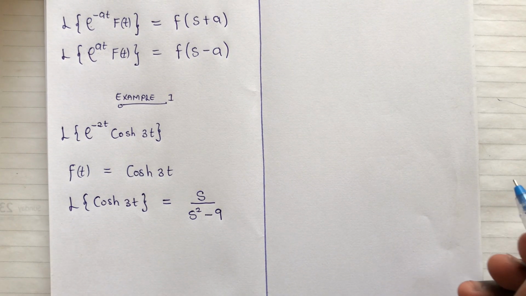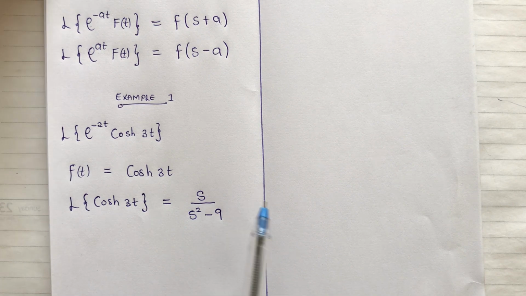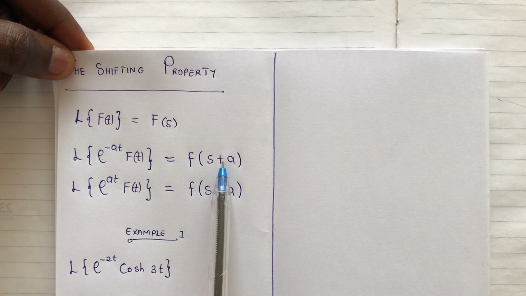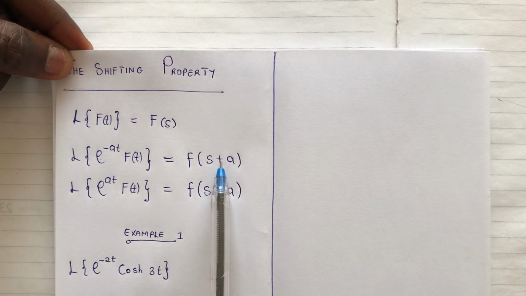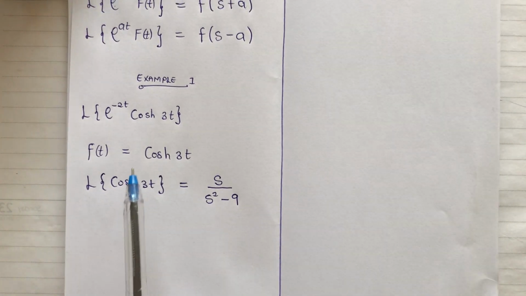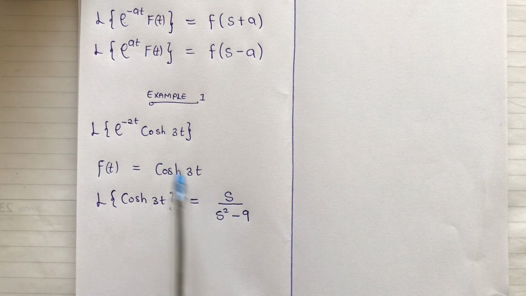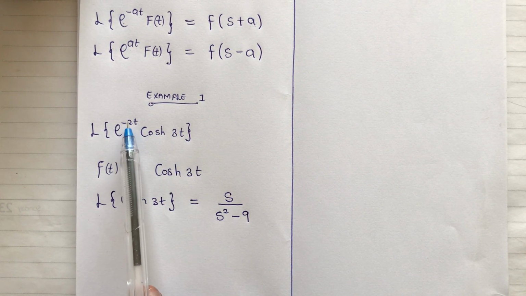So now let's write that here. The next step is wherever we see s, we replace it with s plus a. Now, a here is representing the value 2. So wherever we see s, we replace it with s plus 2.